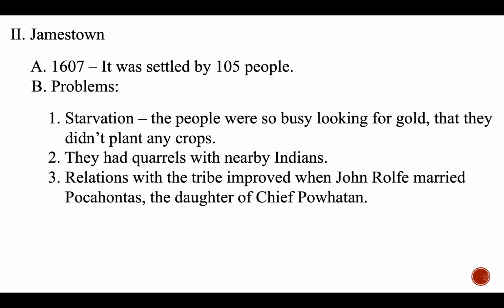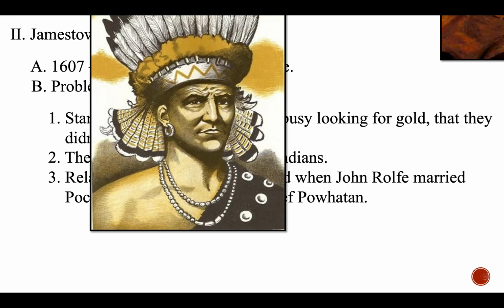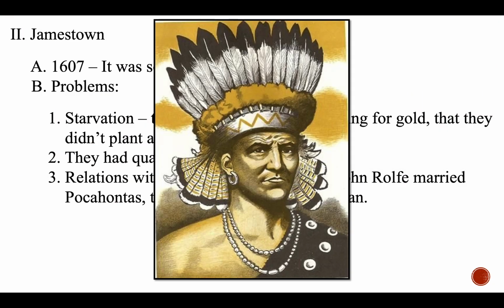Unlike the Disney version where she married John Smith, he was a real person, and he was one of the leaders of the colonists, but his relationship with Pocahontas was more like father and daughter. John Rolfe is the one that married her. And there's a painting of Rolfe and Pocahontas. That's Powhatan.